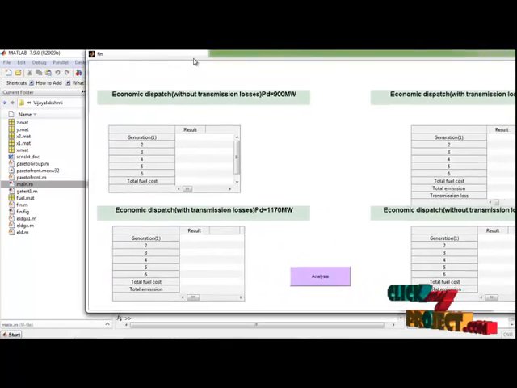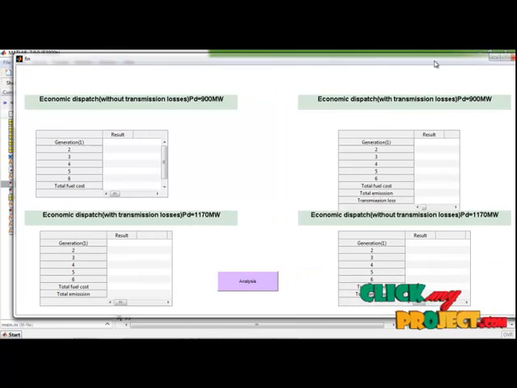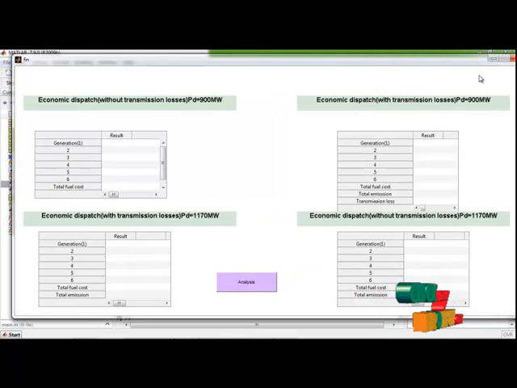Then this is the analysis of the economic dispatch problem. First, consider the first table: economic dispatch without transmission losses. Here we consider the power demand as 900 megawatt. The next table is the economic dispatch with transmission losses, but the power demand does not change.